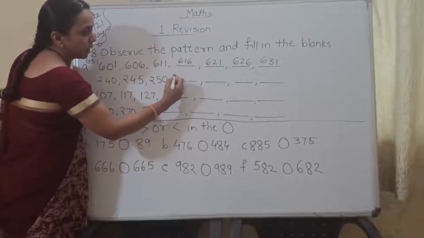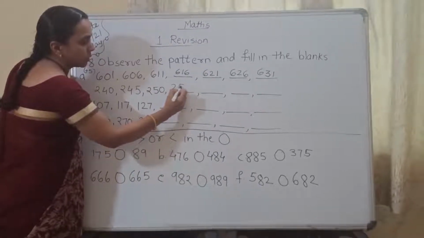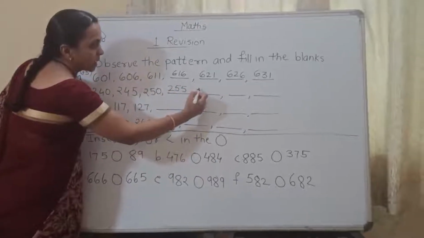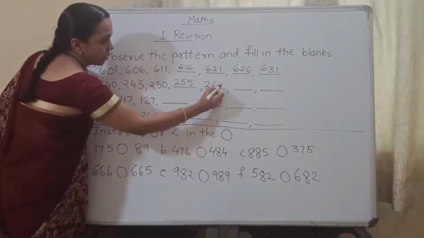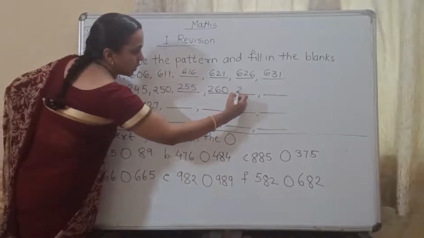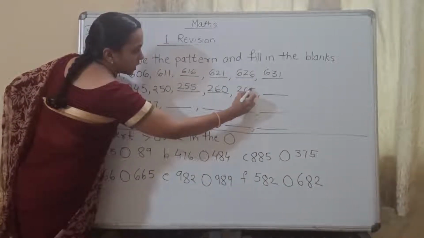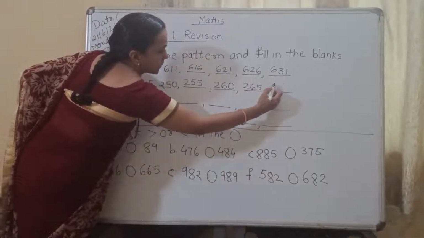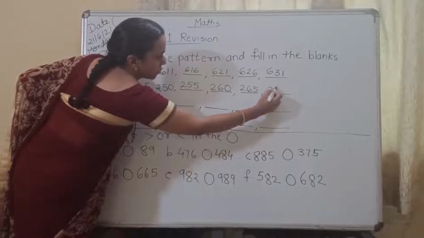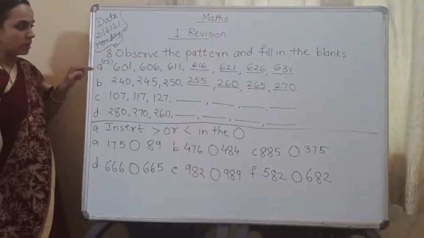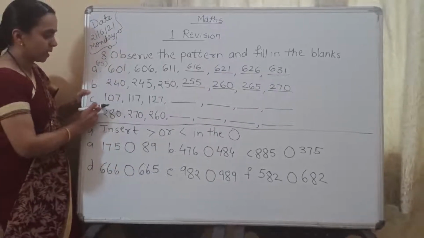So 250 plus 5 how much? 255. 255 plus 5 how much? 260. 260 plus 5 how much? 265. 265 plus 5 how much? 270. So you complete this answer. Now see C question.